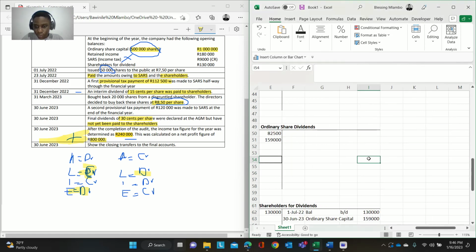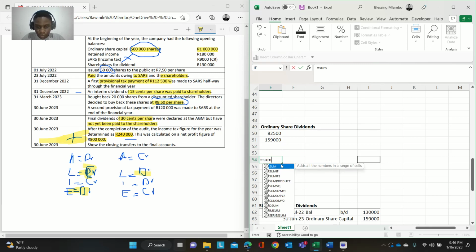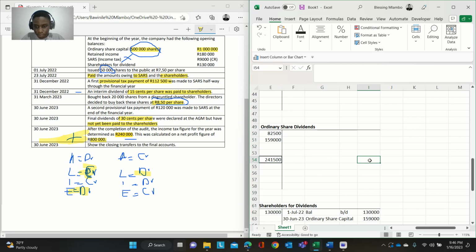So it has a balance, and we're going to take this balance and close it off completely to the appropriation account. So when we do this, we're closing this balance off completely and taking it to appropriation account.